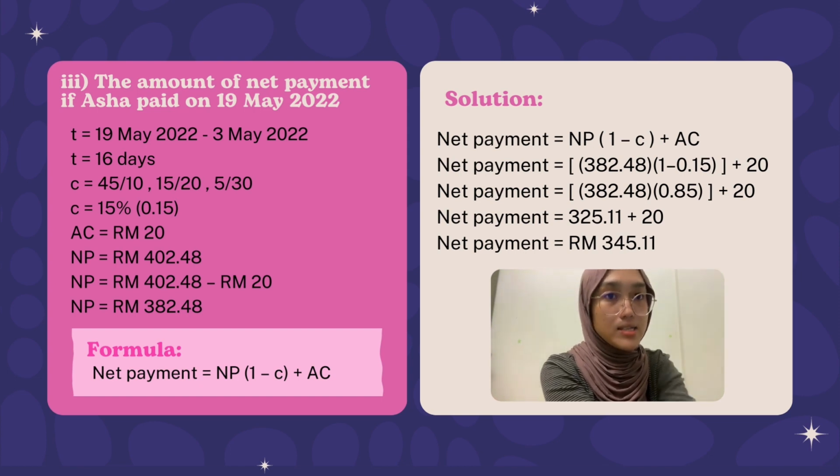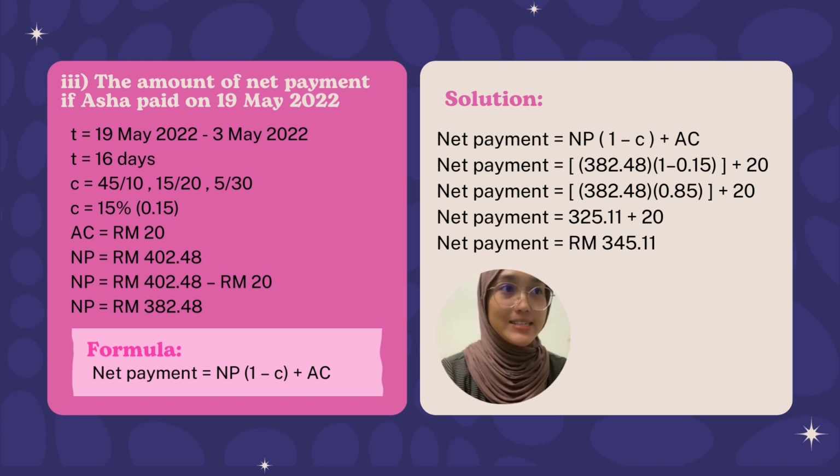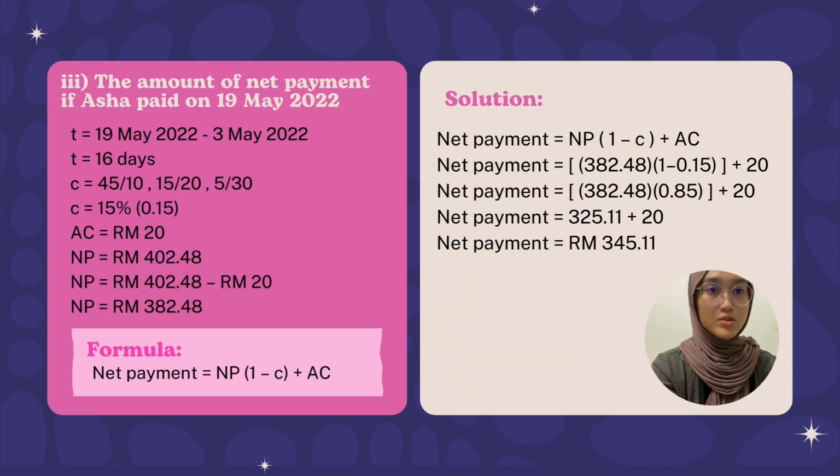382 ringgit 48 cents. The formula to get the net payment is net payment equals net price, open bracket 1 minus cash discount, close bracket, plus additional cost. So the solution will be net payment equals in bracket 382 ringgit 48 cents multiply 1 minus 0.15, plus 20 ringgit.